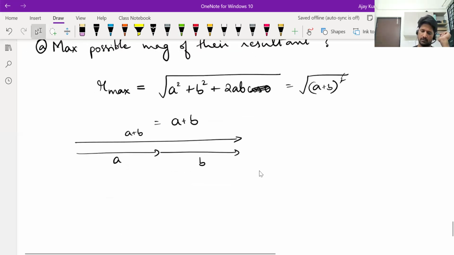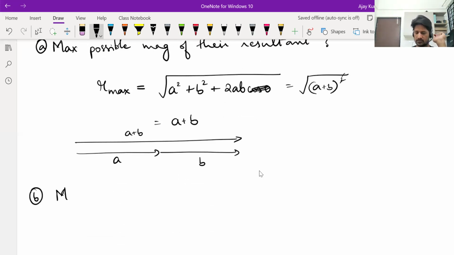Okay. Next. Again, vectors of magnitudes A and B. A is greater than B. What is the minimum possible resultant they can have? You imagine when two vectors will give the minimum possible resultant.